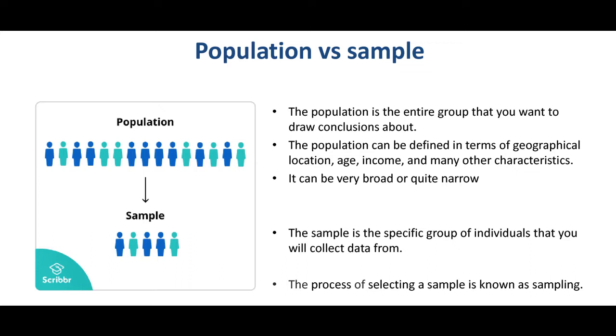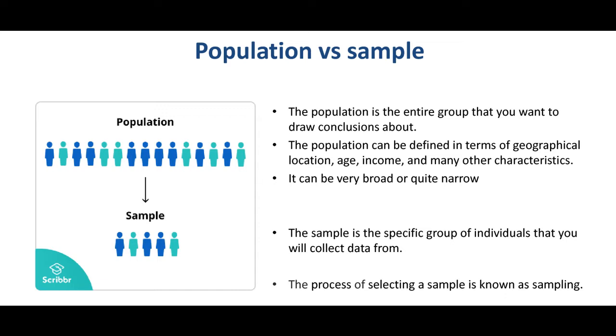For example, if you want to make inferences about the whole adult population in your community, or patients with a specific health condition, or students in a particular school. So it's very important to carefully define your target population according to the purpose and practicalities of your study.